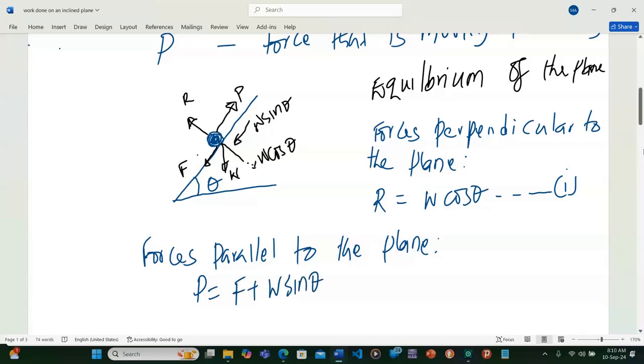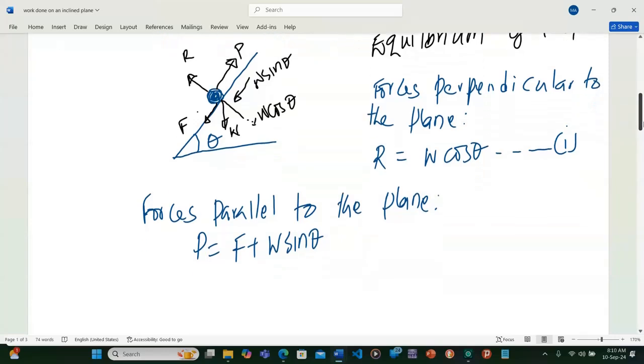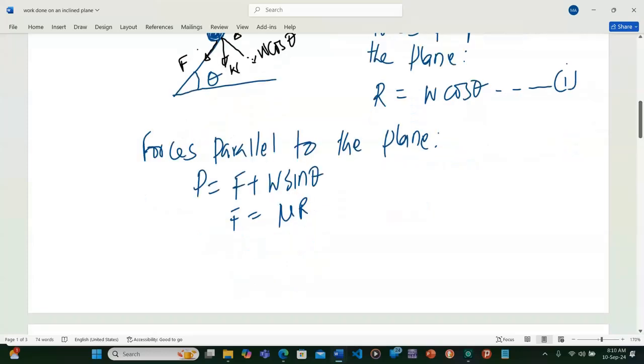But we know F is equal to mu R. Now, if F is equal to mu R, I substitute it in here, and my P will equal mu R plus W sine theta.